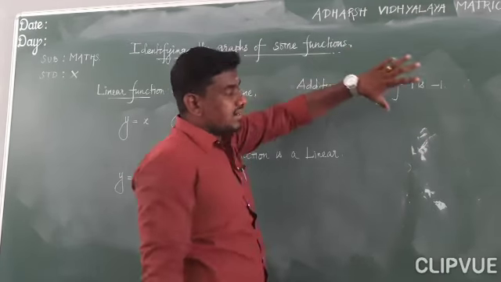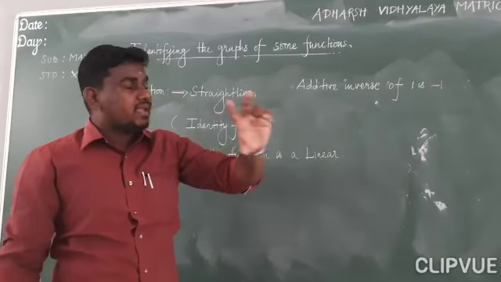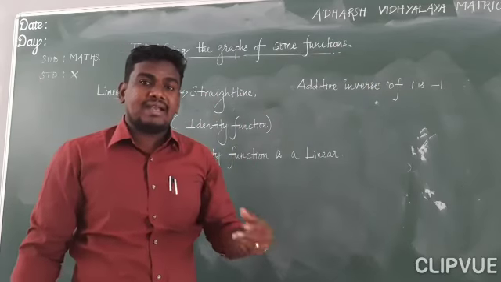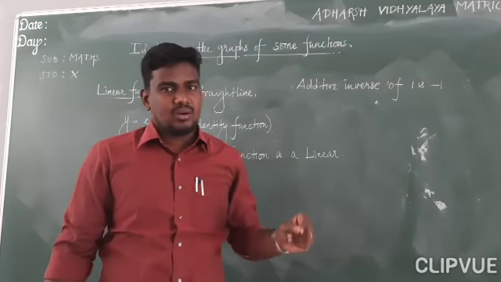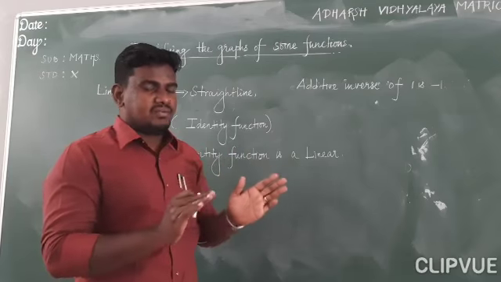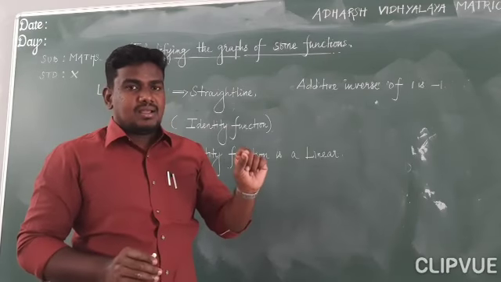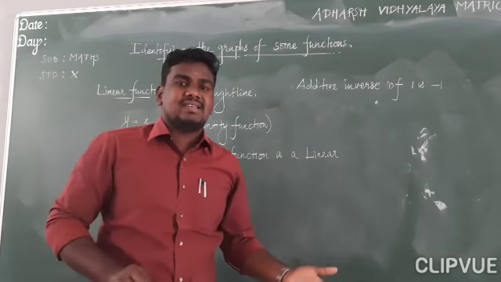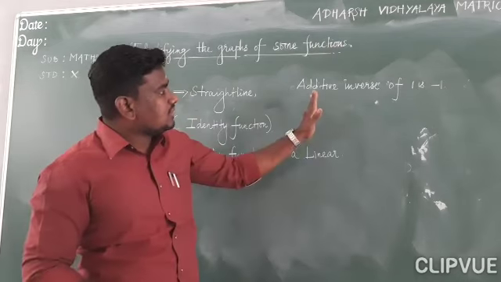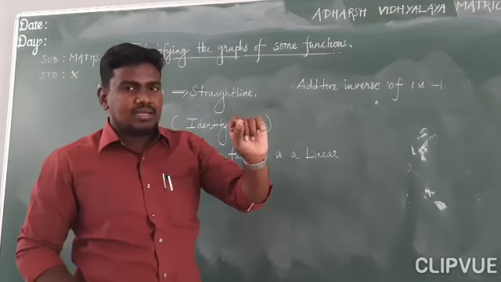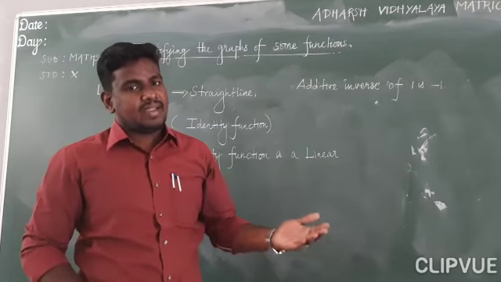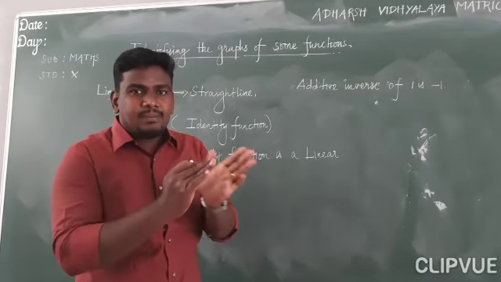Actually the definition of additive inverse is: the sum of a number and its inverse is equal to 0. You know that if a number is 1, its inverse is minus 1. So their sum is equal to 0.